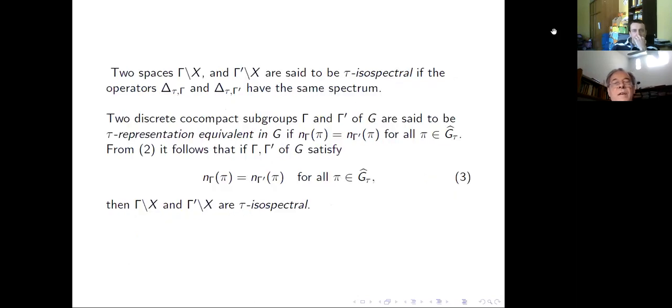So now we take gamma and gamma prime, and we say they are tau isospectral if the corresponding operators delta tau gamma and delta tau gamma prime have the same spectrum. And gamma prime is said to be tau representation equivalent if the multiplicities n gamma of pi and n gamma prime of pi coincide for all pi in G hat tau.